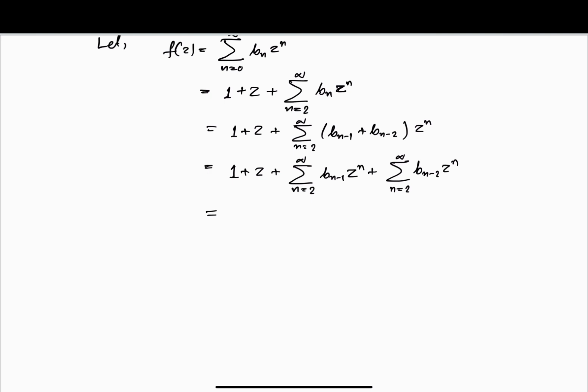Now we make a change of variable, n goes to n plus 1, and for the next one, n goes to n plus 2. Then 1 plus z, summation n equals 1 to infinity bn z to the power n plus 1, plus summation n equals 0 to infinity bn z to the power n plus 2.